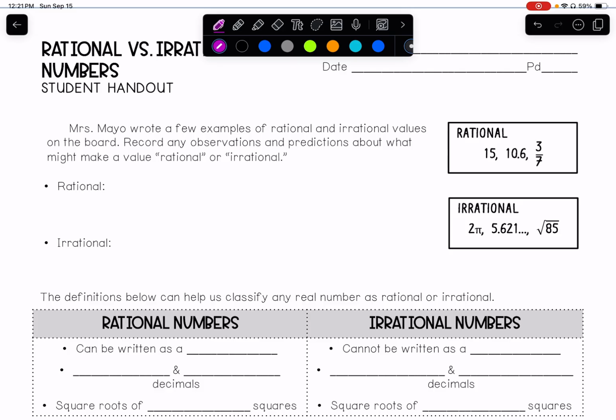Rational, irrational. I see pi. I see never-ending decimals. That's what I see for irrational. Okay. So definition of rational numbers. Here we go. Rational numbers can be written as a fraction or ratio.